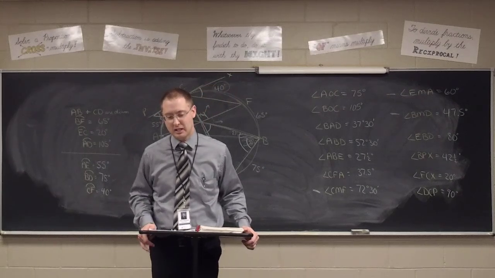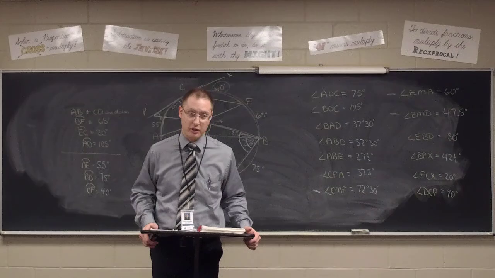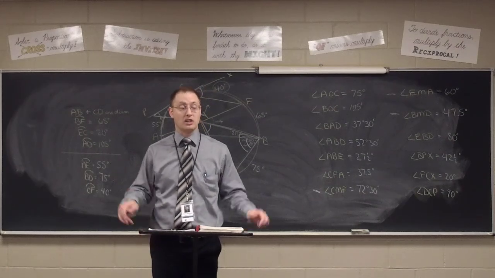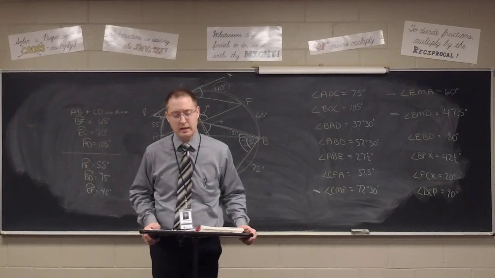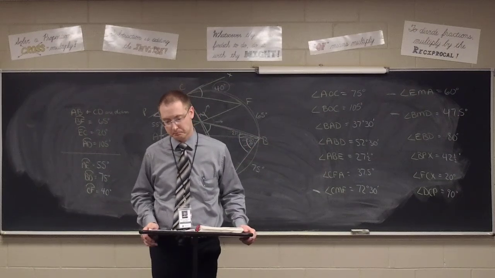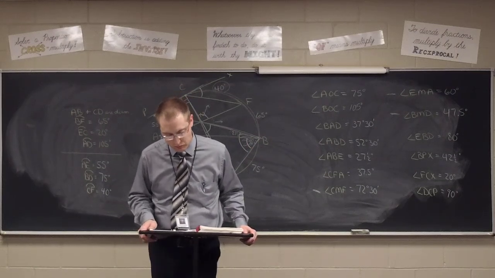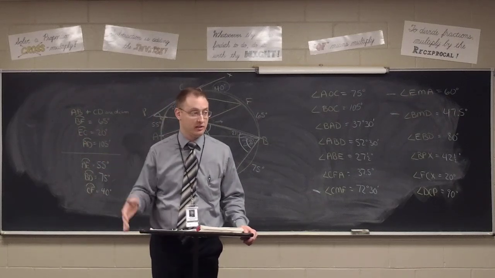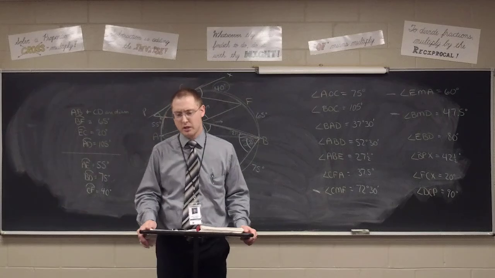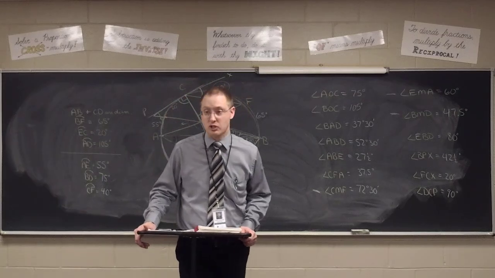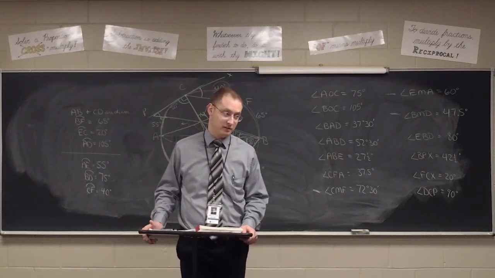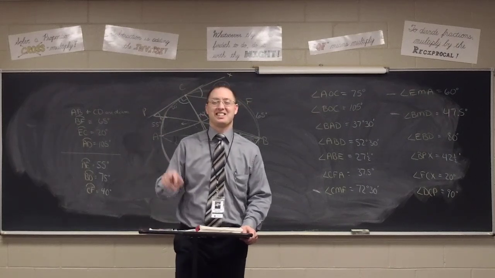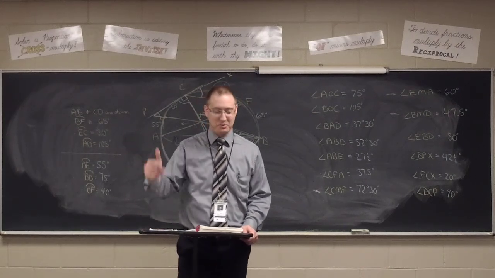If you've got parallel lines cutting through the circle, arcs in between them are going to be equal. A tangent and a radius are perpendicular. 2 tangents to the same circle from the same point are equal to each other.